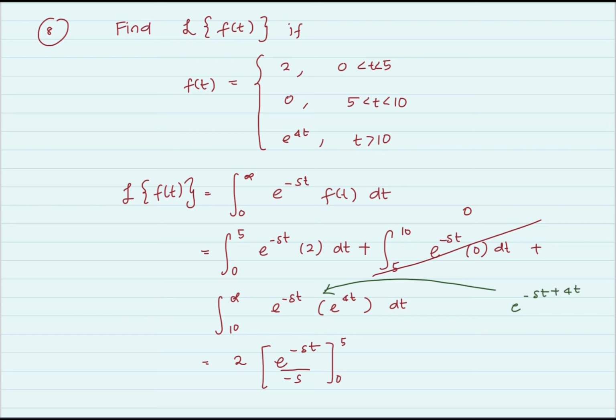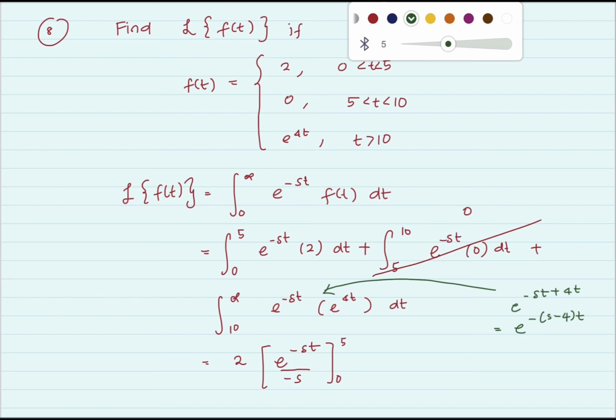Since we want to substitute infinity there, we can take out the negative, so we have e^(-(s-4)t).